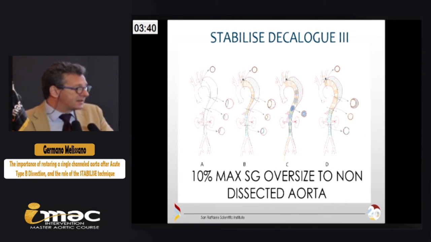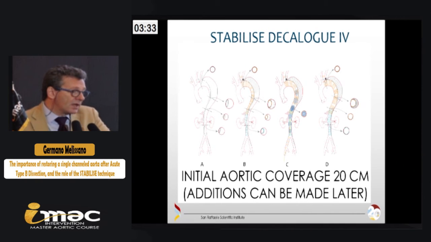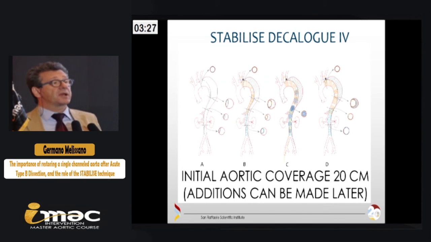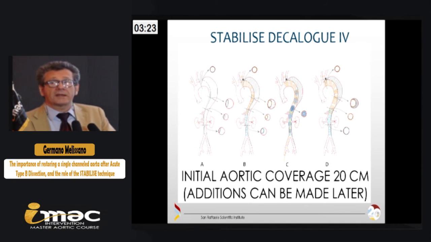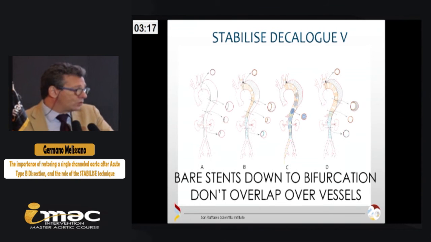So the oversizing proximally to the non-dissected aorta is around 10%. The initial coverage usually is 15 to 20 centimeters. We don't go all the way down to the celiac because I feel that this unnecessarily occludes too many intercostal arteries, and this can have a negative impact on spinal cord perfusion.